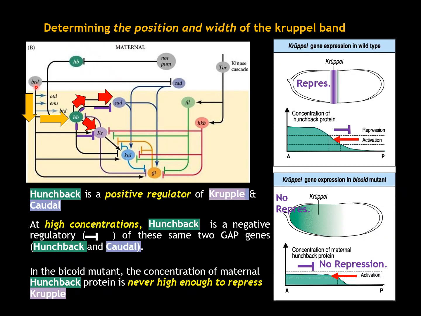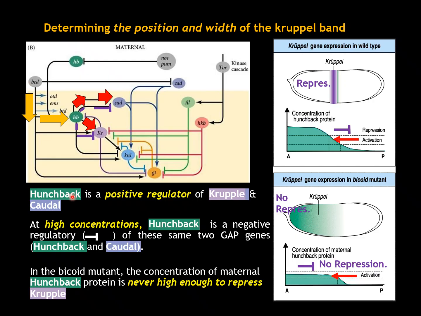And what happened here is that you will have a network, a hierarchy of interactions. So for example, here Bicoid is positively regulating hunchback, and here hunchback will be repressed, as you see by this symbol in purple, and Krüppel will be positively regulated.